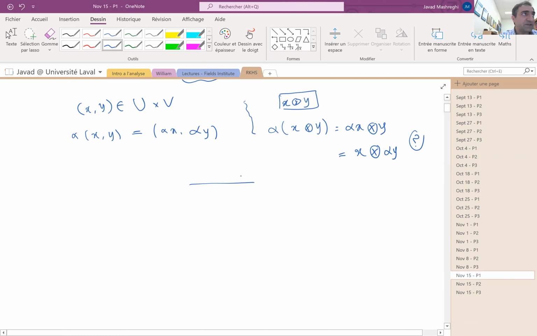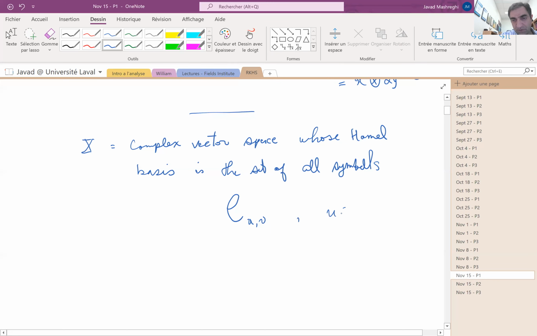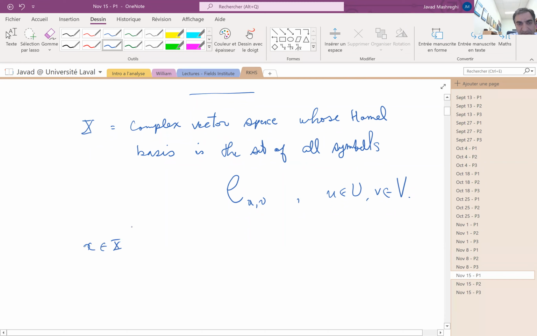First, we construct a very, very huge space. The space X is a complex vector space whose Hamel basis is the set of all symbols E, small u, small v, such that u runs over U and v runs over V. In other words, every X in X has a representation of this form.